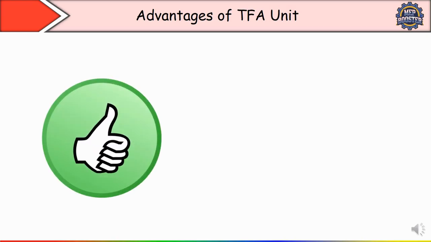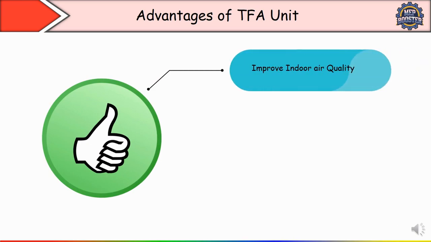Now let's see some advantages. What are the advantages of the TFA unit that we have to discuss here? There are multiple advantages, and here I will show you some of them. First, it improves indoor air quality. How?